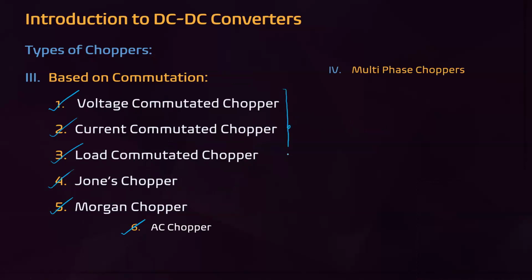This topic is important from the ESE point of view, even for PSUs also. But in the GATE syllabus it is not there. Only commutation methods are in the GATE syllabus, but types of choppers based on commutation are not. Multi-phase choppers were asked only one time in the GATE exam.